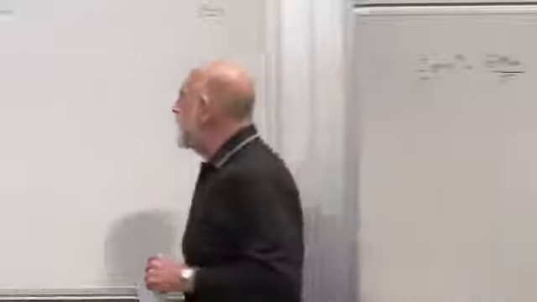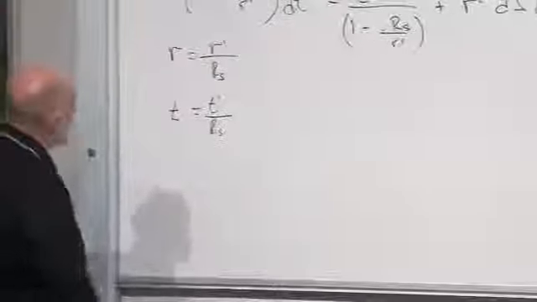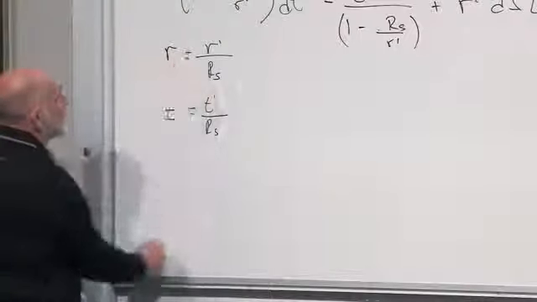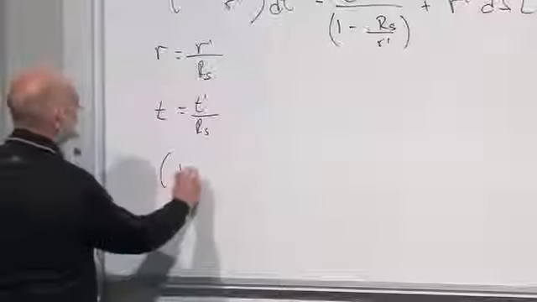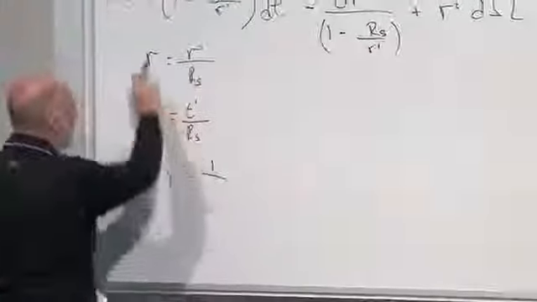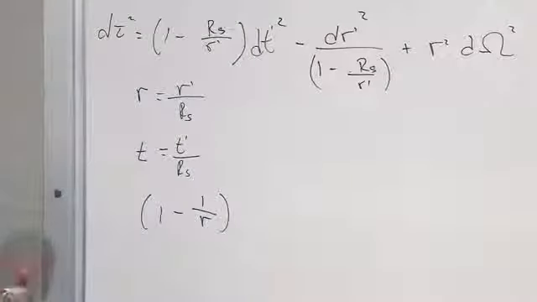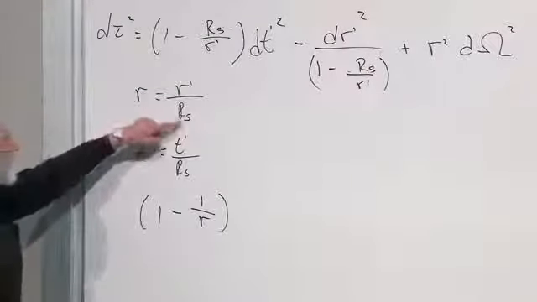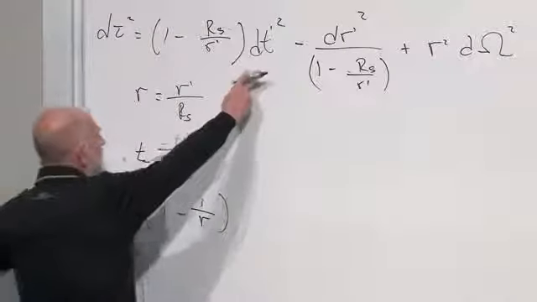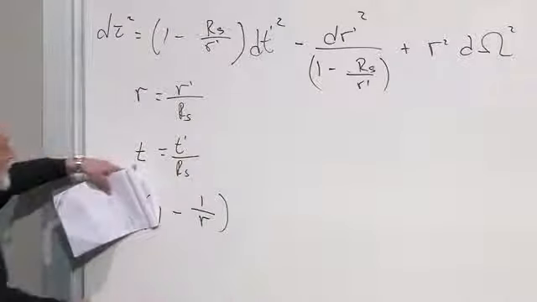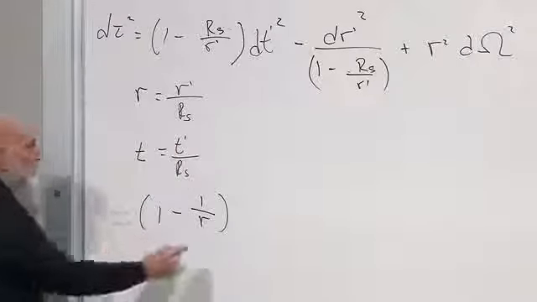Okay, so now let's rewrite this metric here. First of all, 1 minus r Schwarzschild over r prime, that's just 1 minus 1 over r. Same thing, r Schwarzschild over r prime, that's just 1 over r. Now, dt prime squared, let's look at that equation for a minute.